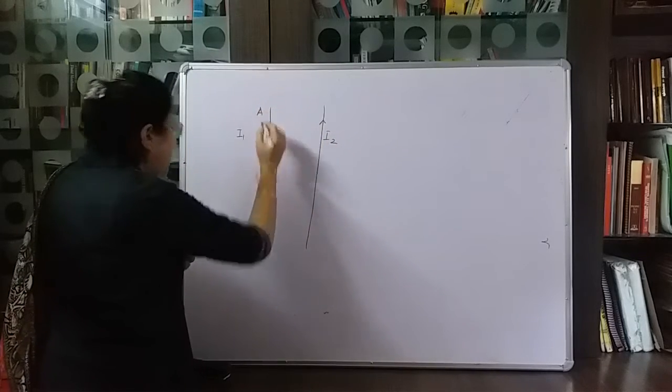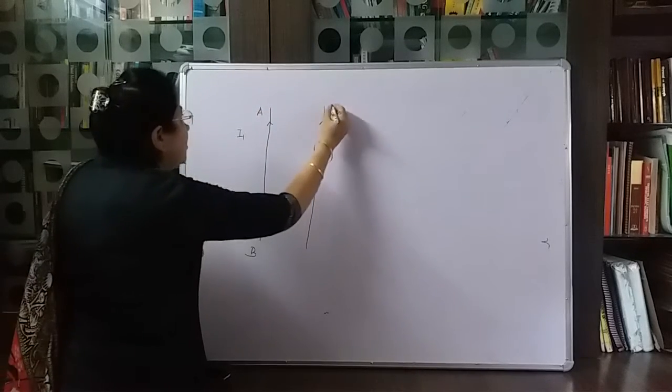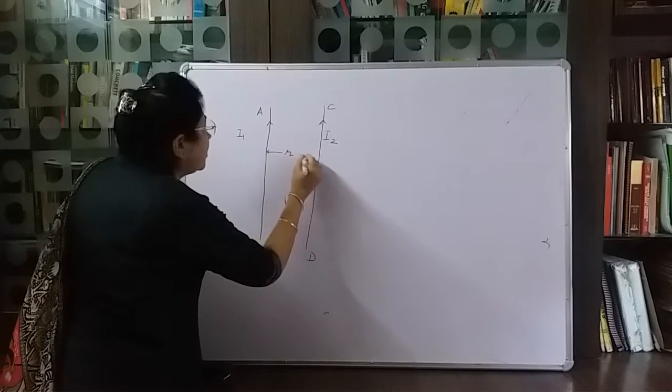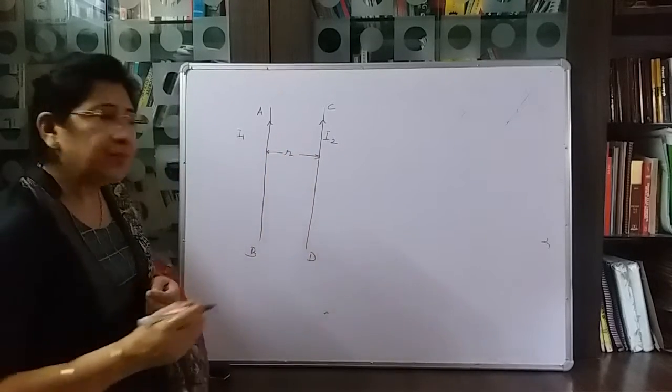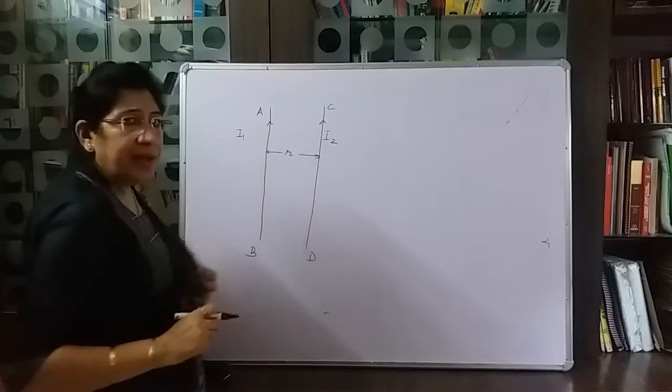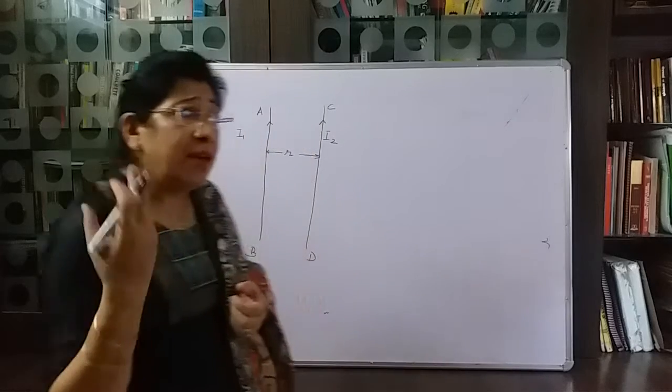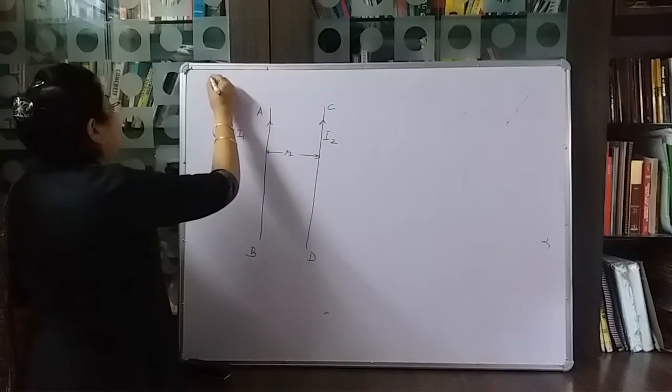The wires are AB and CD. Say they are distance r apart. These two wires will exert a force on each other. Let us find the force that they will exert.